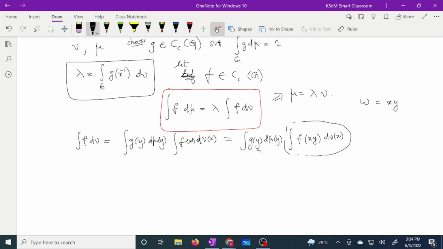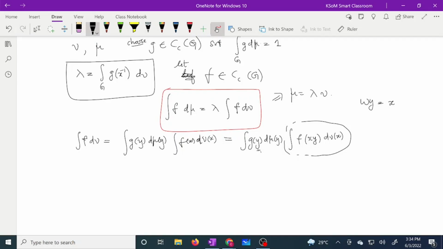Maybe I am making a huge mistake here. I want wy to be equal to x. Yes, I'm sorry, this is not this one. I want wy to be equal to x. But if I do this, wait, I'm not sure.